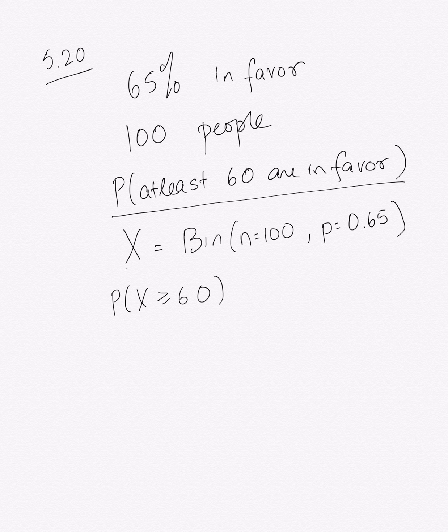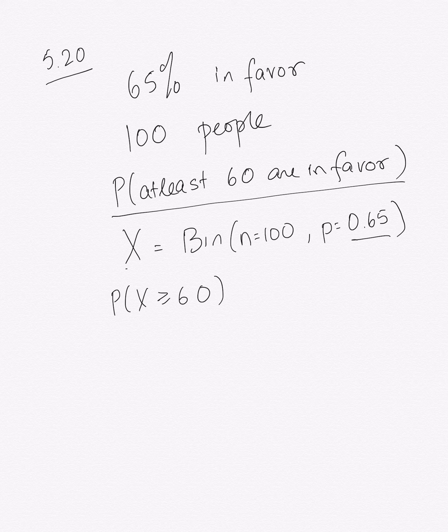Okay. If we were to actually do the binomial, that would get pretty tedious and tiring very quickly. We'd have n choose 60, p raised to 60, (1 minus p) raised to 40, then do the same with 61, 39, all the way till 100 and 0.